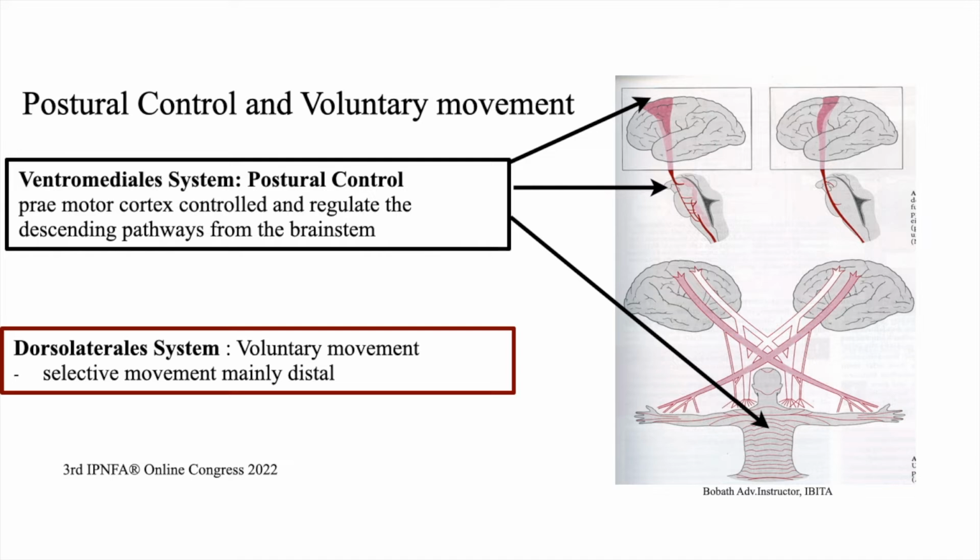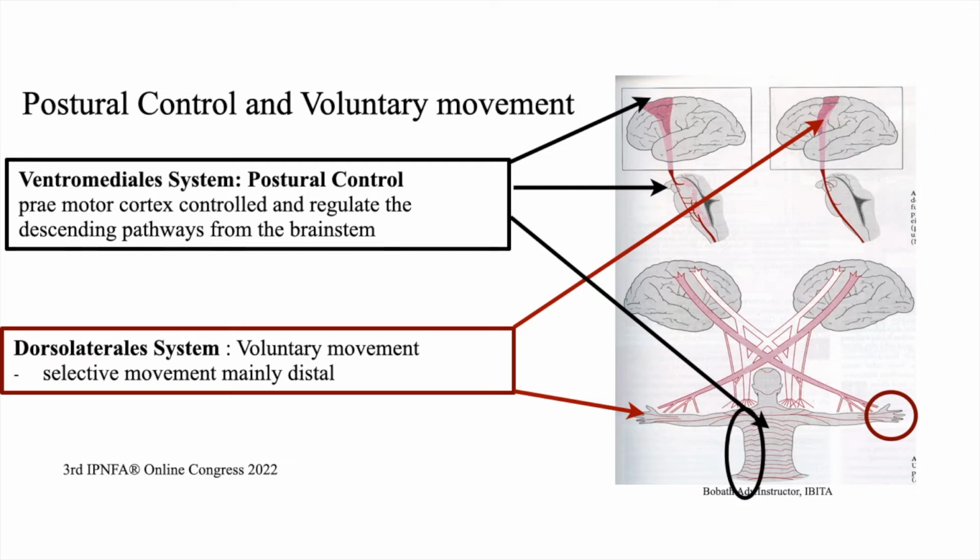The second system is the dorsolateral system. This is a system which activates our muscles selectively and distally, so that we can move selectively. The anatomic structure for this is our motor homunculus, as you know from your studies. The system works like this. If I want to move my right arm, I need posture stability 100 milliseconds before.